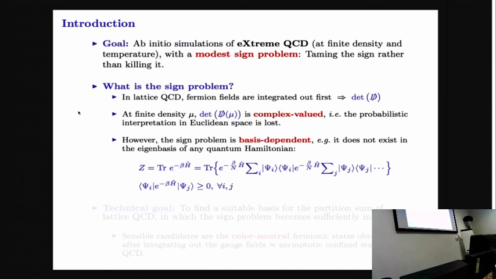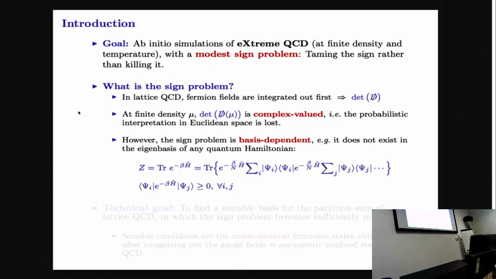But the most important thing to understand is that this sign problem is basis dependent. It does depend on the basis of states in which you trace your partition sum. So you can imagine that if you were infinitely clever and you could solve your Hamiltonian for QCD and you knew the eigenbasis of your Hamiltonian, then you'd not have a sign problem.